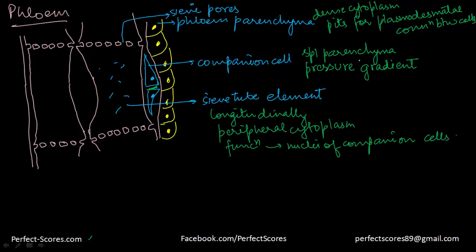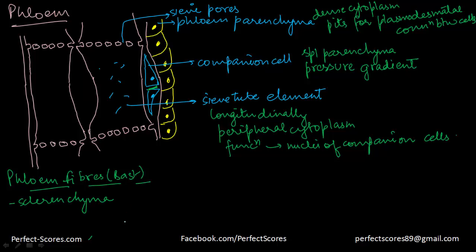Coming to one more part which is left, which is phloem fibers, also known as bast fibers. These are nothing but sclerenchyma cells. They are not present in the primary phloem. Made up of sclerenchyma, they are unbranched and elongated.